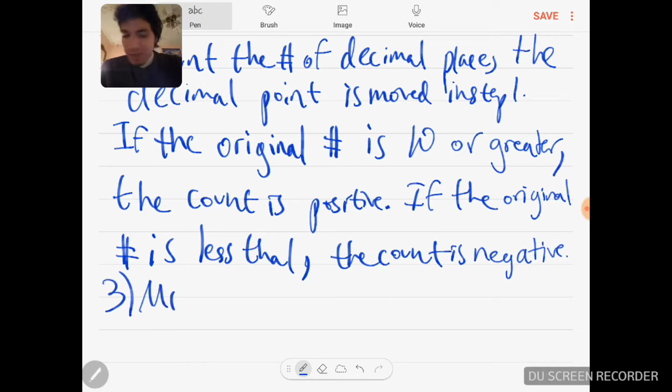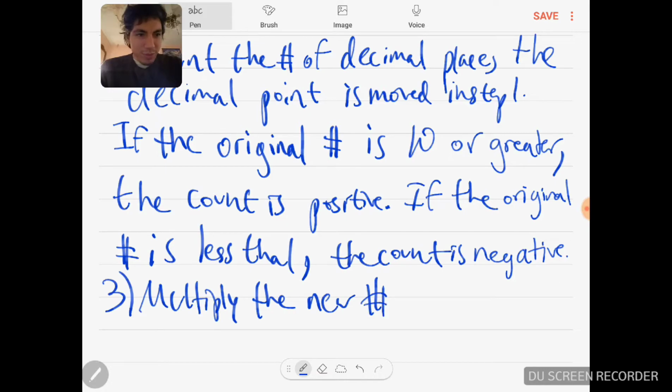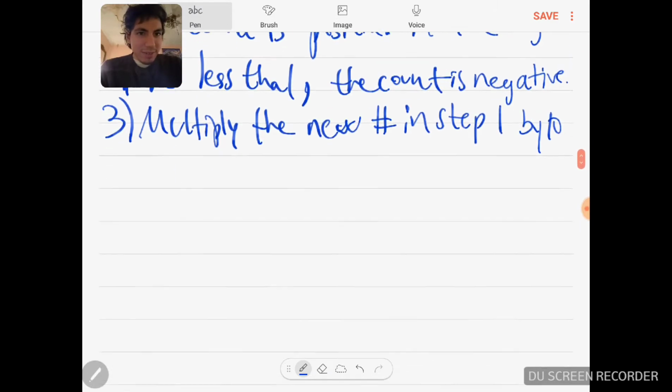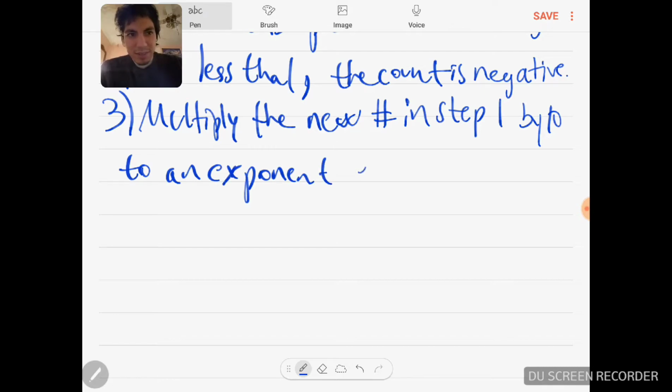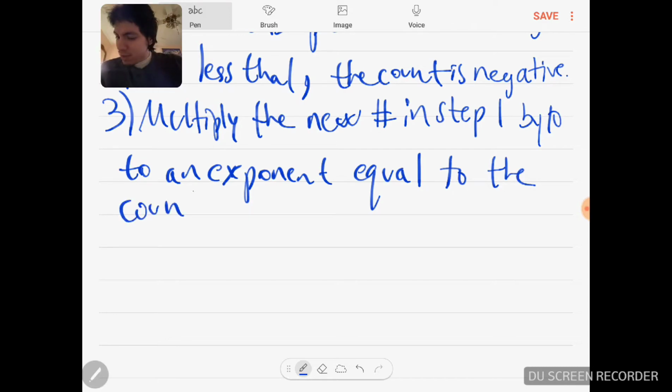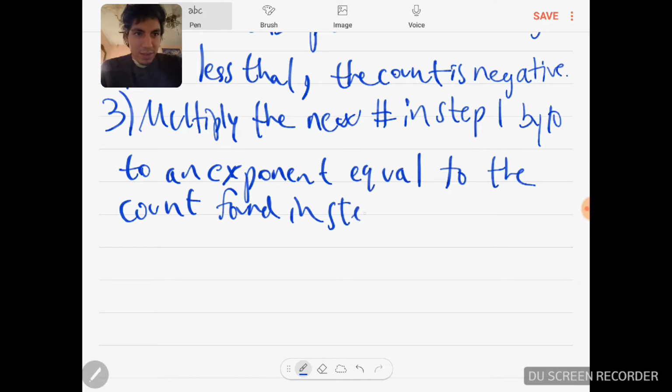Finally, the third step, you just multiply the new number in step 1 by 10 to an exponent equal to the count found in step 2.